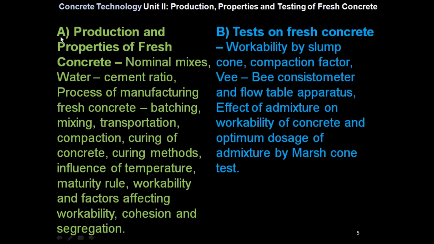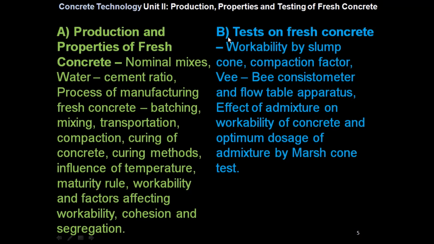So we will see Unit number 2, that is production, properties and testing of fresh concrete. It includes Part A, production and properties of fresh concrete, which includes nominal mix, water cement ratio, process of manufacturing fresh concrete, batching, mixing, transportation, compaction, curing of concrete, curing methods, influence of temperature, maturity rule, workability and factors affecting workability, cohesion and segregation.